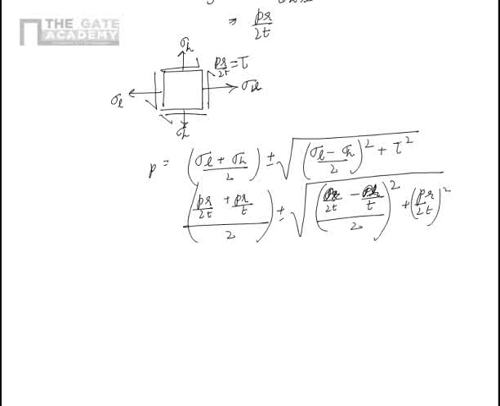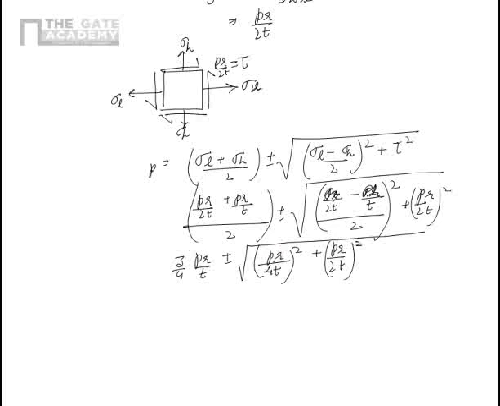So this will become 3 by 2 PR upon T, so the total is 3 by 4 PR upon T plus minus square root of (minus PR upon 4T) square plus (PR upon 2T) square.